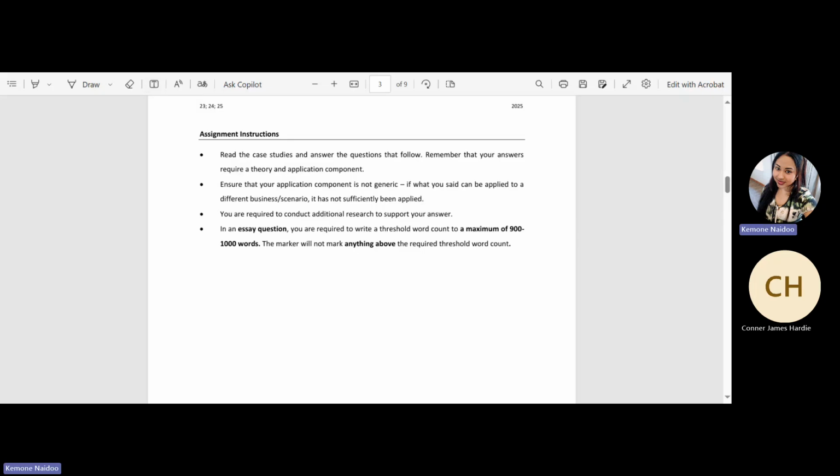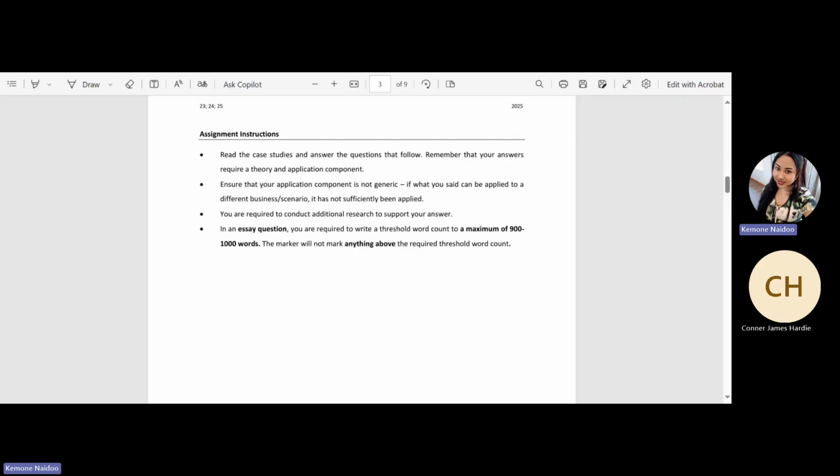Now, moving on to the assignment instructions. Again, make sure that you do have additional research. Remember, it's an assignment for a reason. You get to take it home and complete it, which means you are expected to have additional sources, not only your textbook.